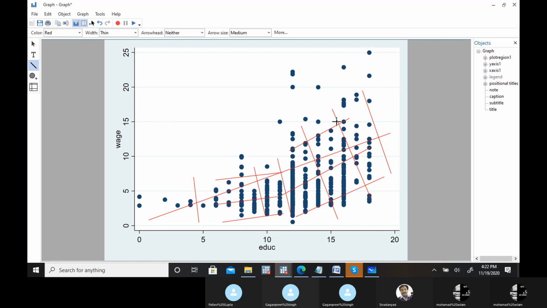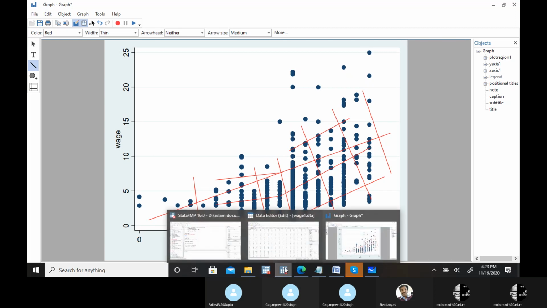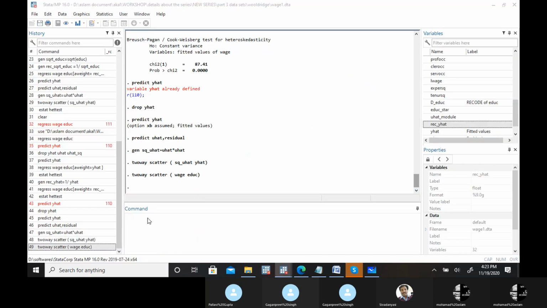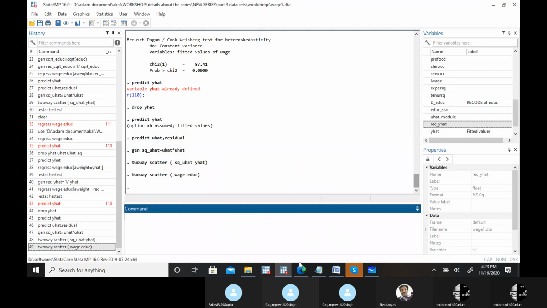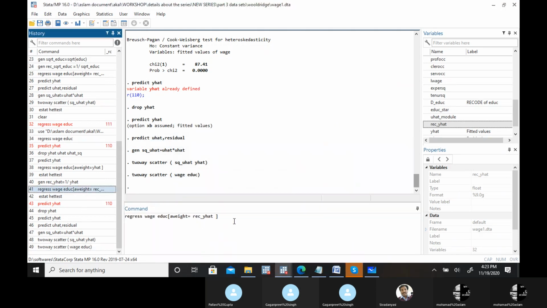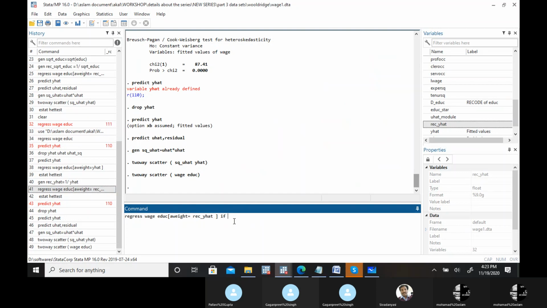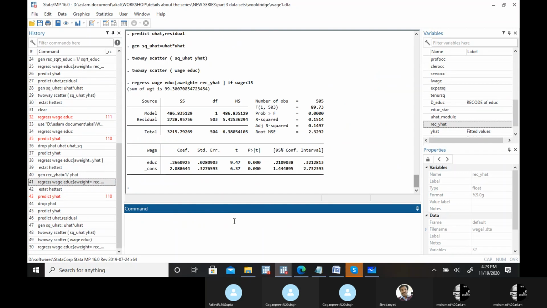So if I run a regression with wage less than 15, simply what you have to do is run this simple regression you are running here. First I have to close it, otherwise it won't allow me. Just run this regression again, if wage is less than 15.